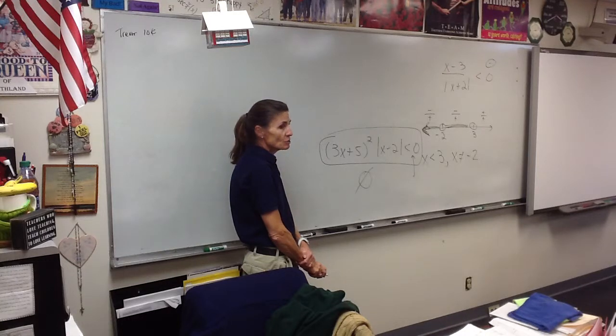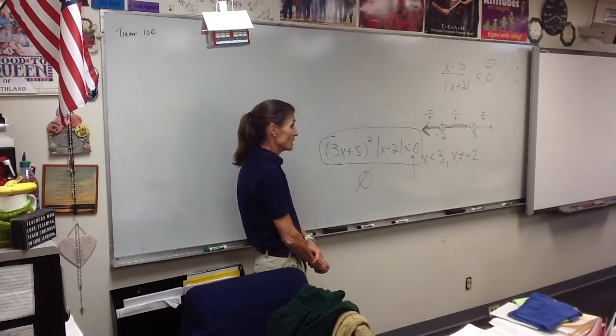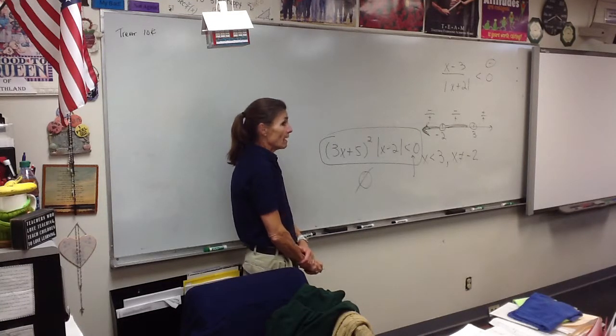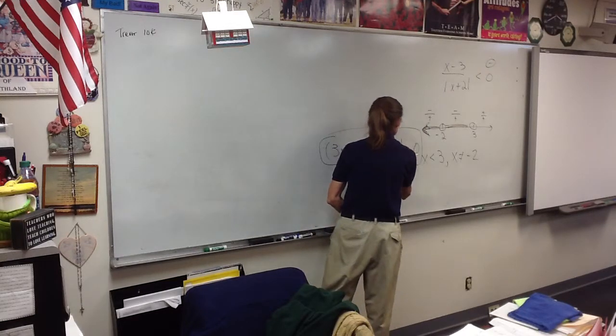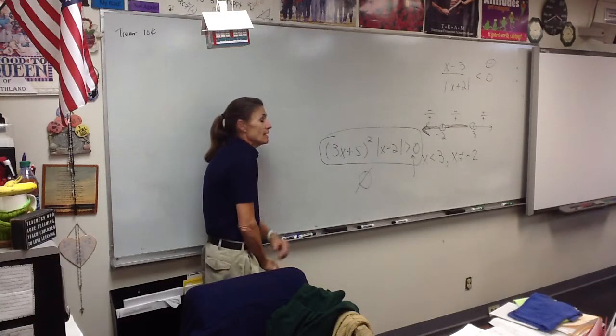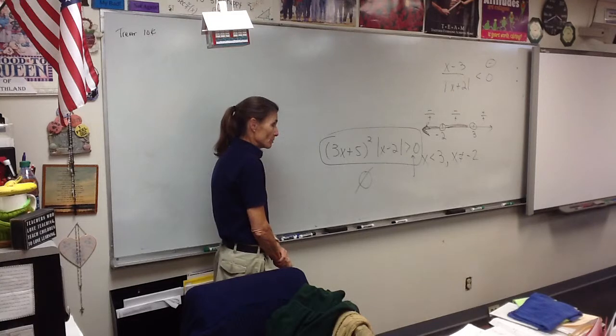Sometimes paying attention to what's going on in the problem can really save you some time. Now, what if we turned this around and made it greater than? All real numbers. I knew you would say that. It isn't all real numbers.